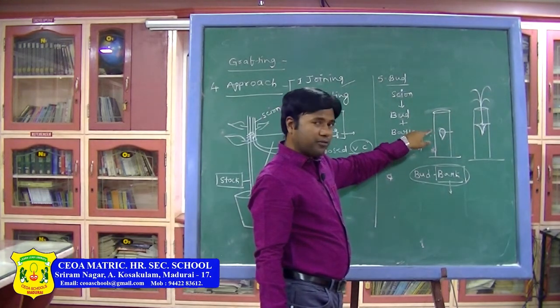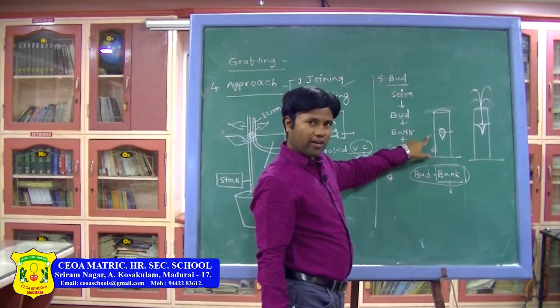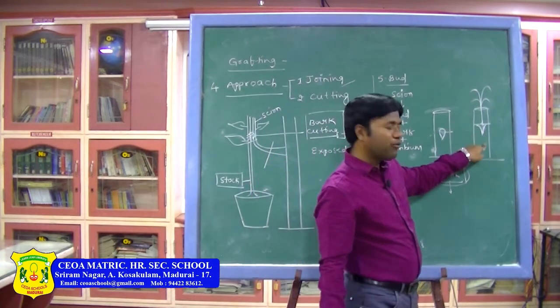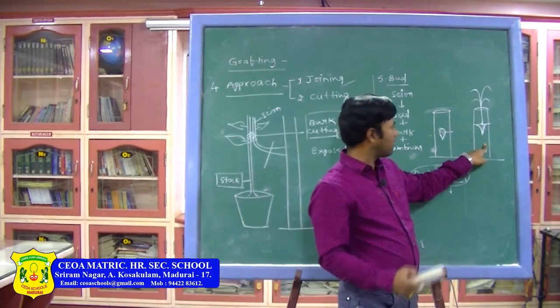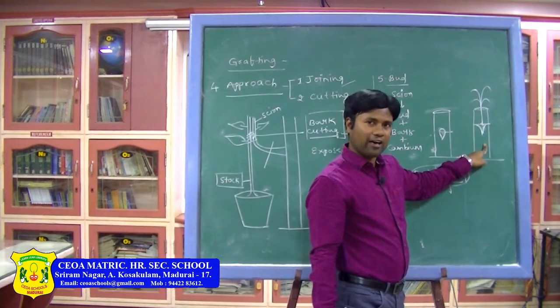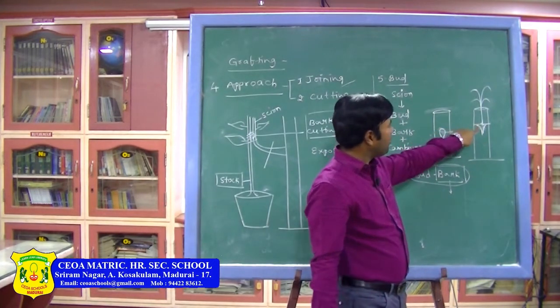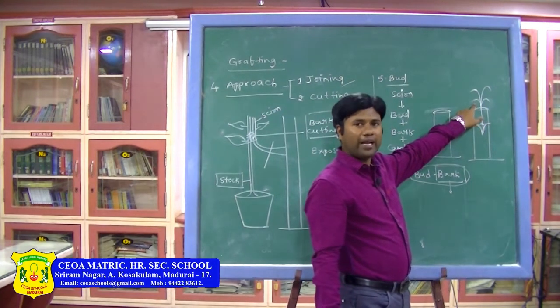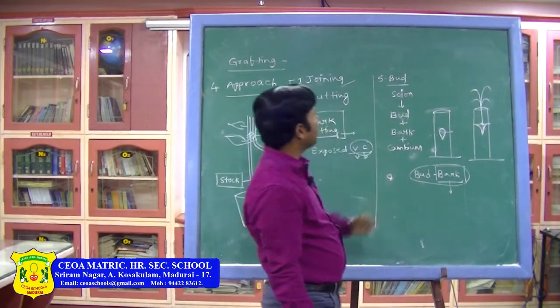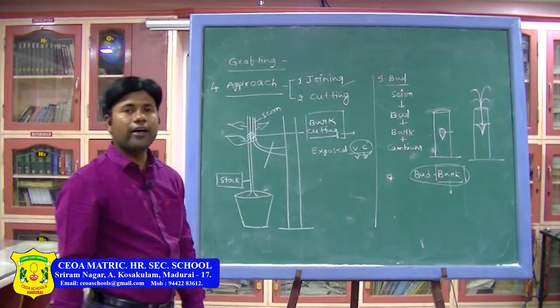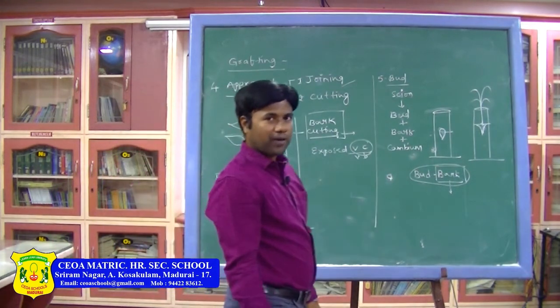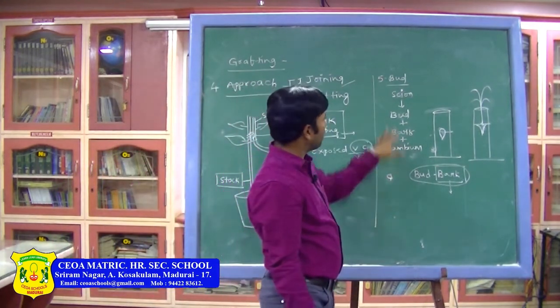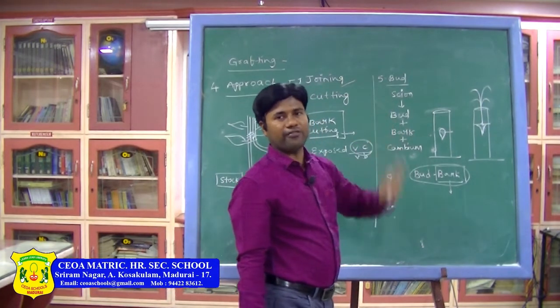The stem you are cutting is the scion, and the stem in which you are inserting is called the stalk. Finally the bud will be outside, and the bud germinates into the new plant. So this is about bud grafting. In apple, pear, such types of fruit plants, you can see bud grafting.